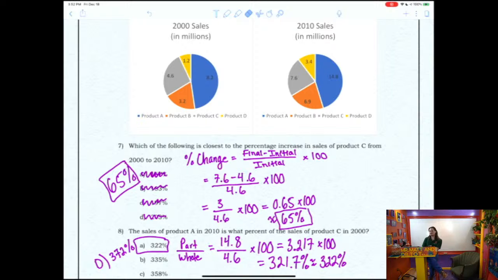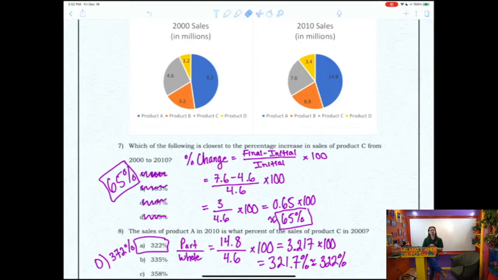But notice that's a decimal answer because product A's value in 2010 is so much larger than product C's value in 2000. The decimal actually is greater than 1, so when we multiply it by 100, we're going to get 321.7%, which rounded to the nearest percentage would be answer selection A, 322%.